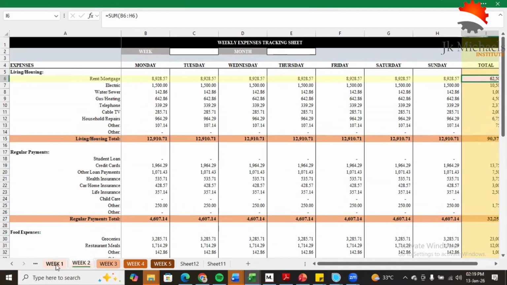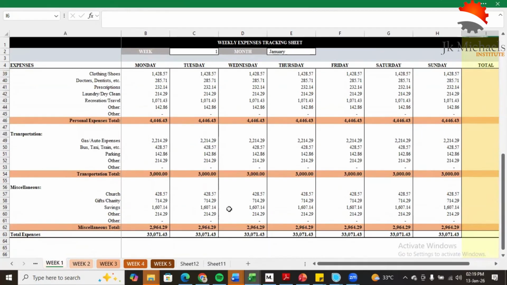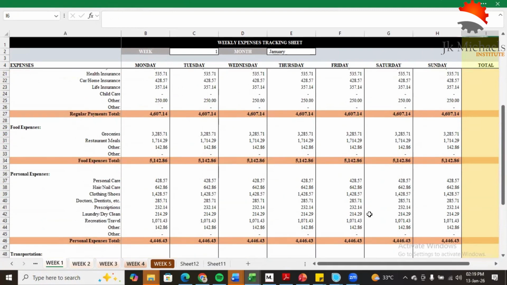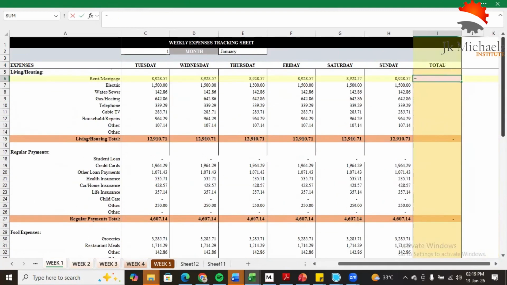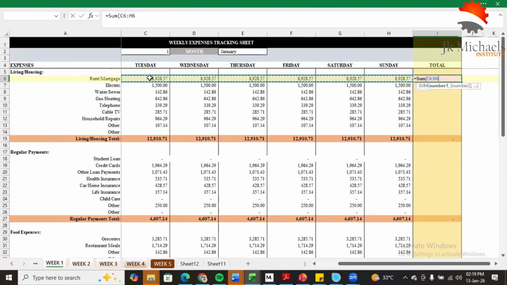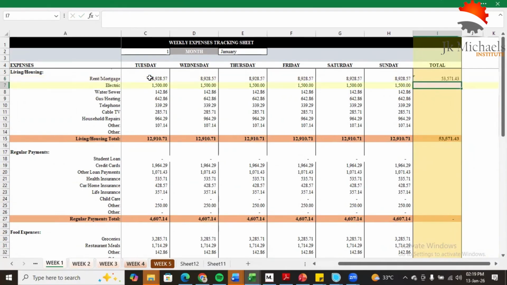Now let's run the totals. Let's do week 1, control week 2, 3, and 4, and let's sum up. Now, we want to do a sum across of all of our expenditure. So the total within a week is going to be this.